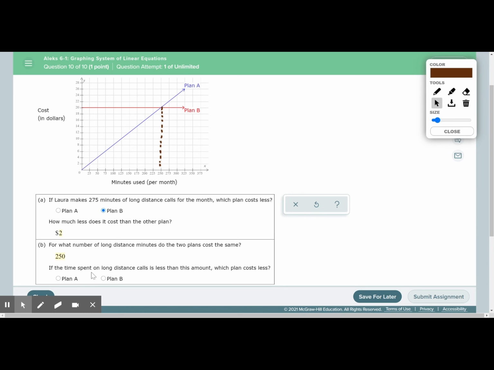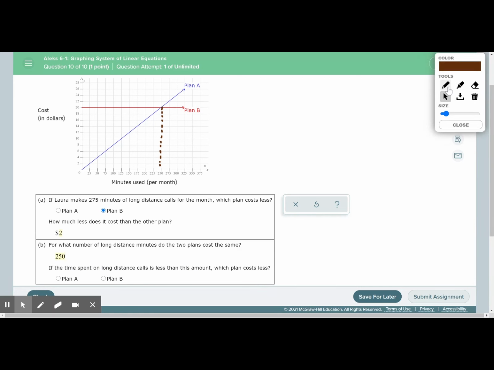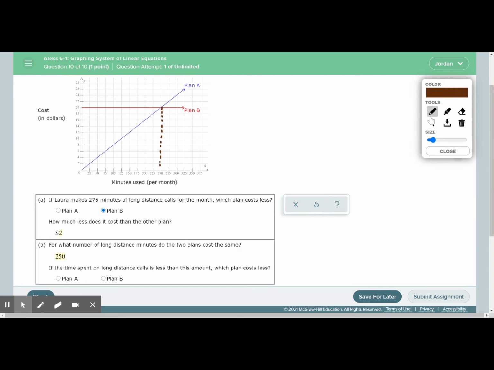If the time spent on long distance calls is less than this amount, which plan costs less? To make it convenient, I'm going to say 100. Let's say we call 100 minutes, who's going to cost less?